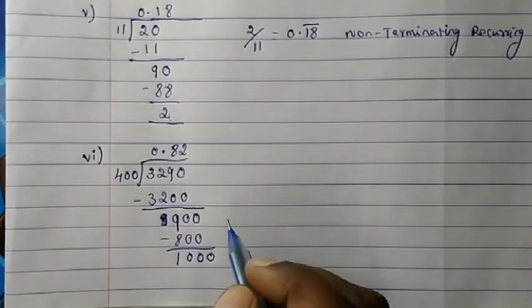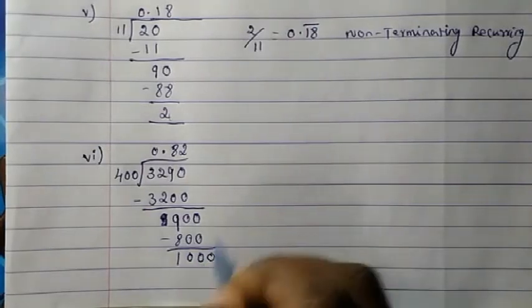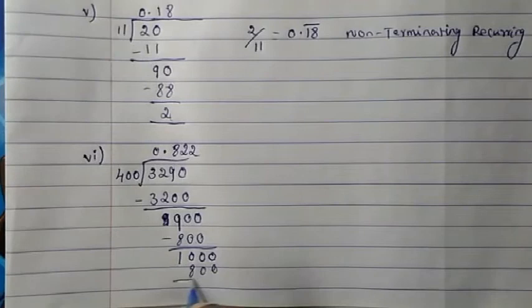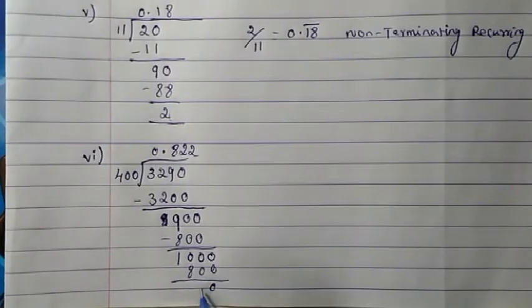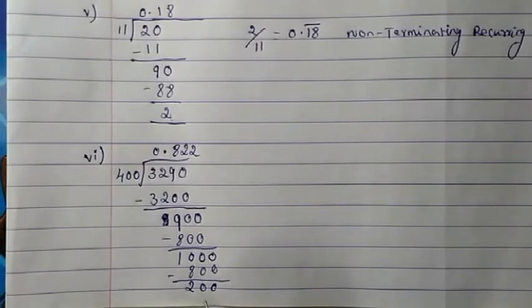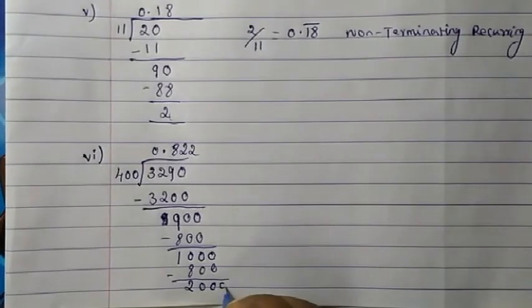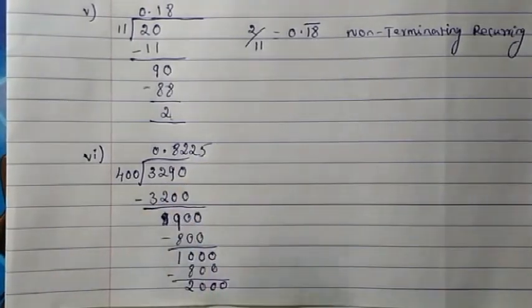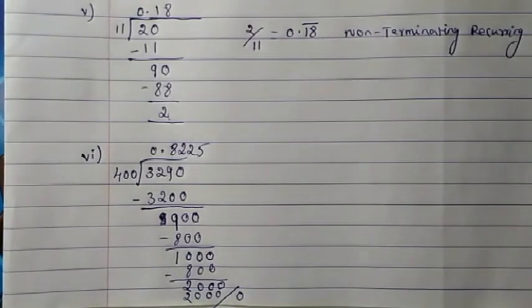And then we again get 2 times 400, 800, and then 200. So again it is a smaller number, so we add one more 0. Then 5 times 400 we will get, so our remainder will be 0.